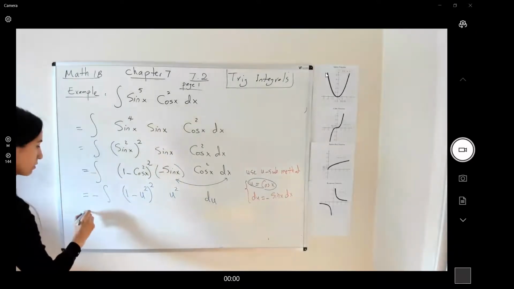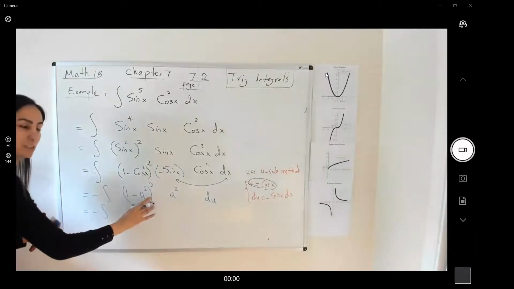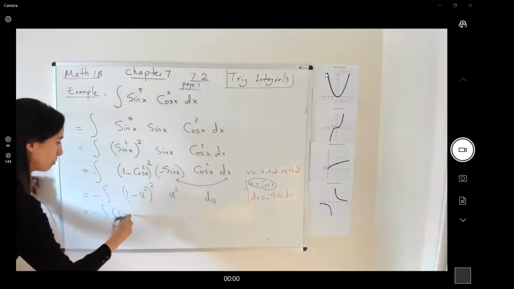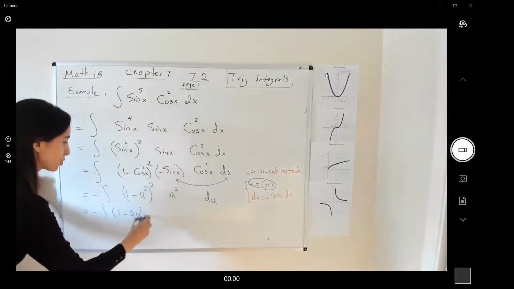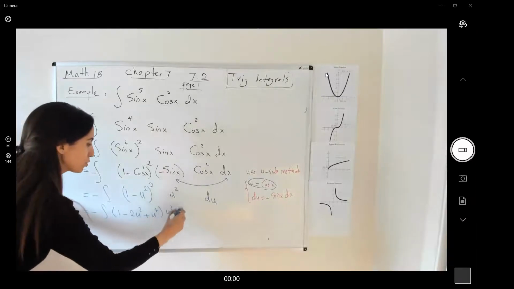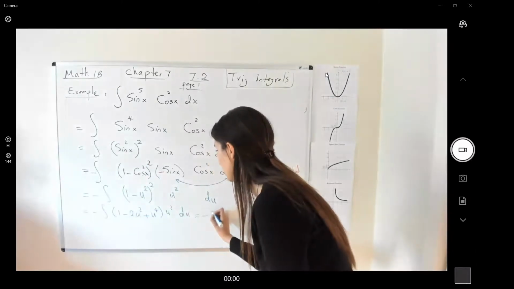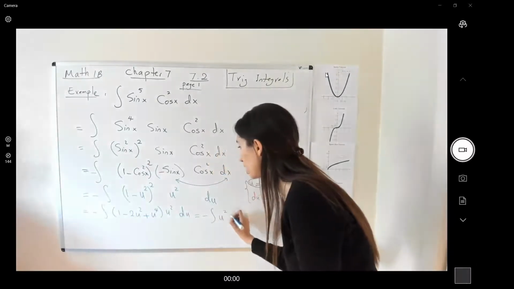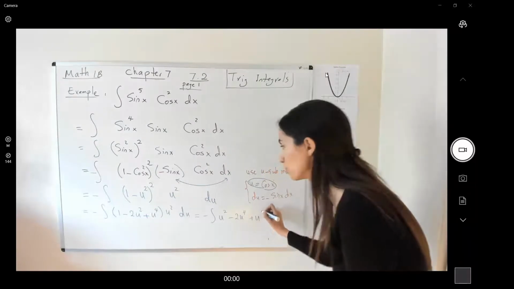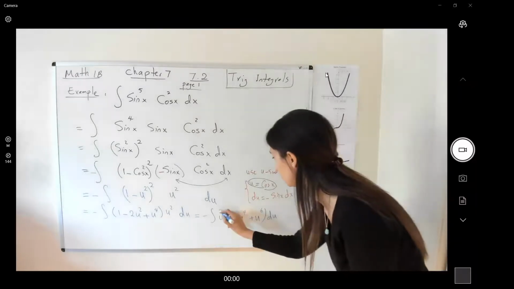Now, you get minus the integral. Let's write this in expanded form. Then distribute u squared. 1 minus 2u squared plus u to the 4 times u squared du, which is equal to minus the integral u squared minus 2u to the 4 plus u to the 6 du.